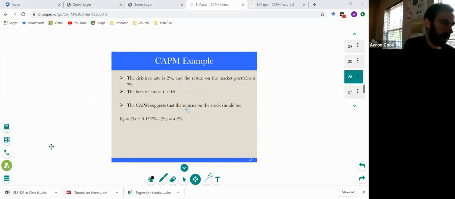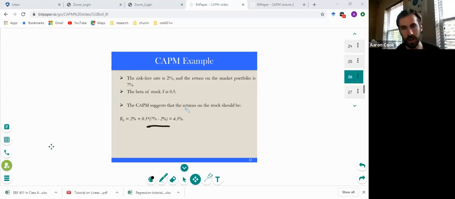But just to emphasize the mechanics of this capital asset pricing model, let's say that we have a risk-free rate of 2%. Let's say that we have a stock whose beta is 0.5, and the average return on the market portfolio is 7%. Then we would say that the market premium is 5%, because you can on average earn a 5% greater rate of return on the market relative to the risk-free rate.